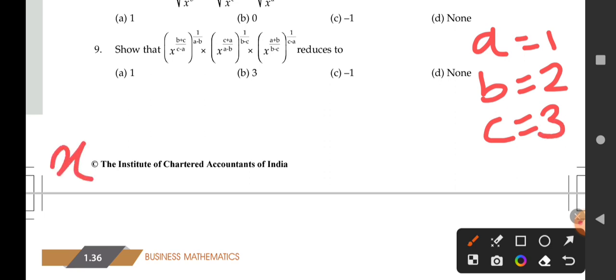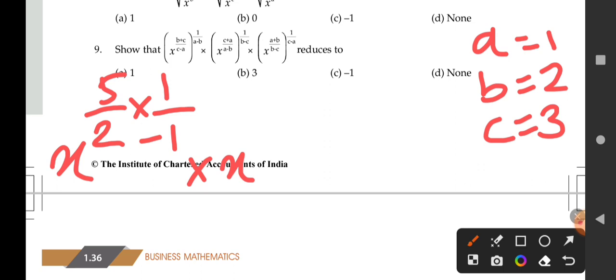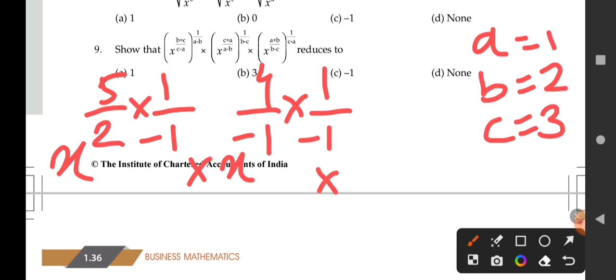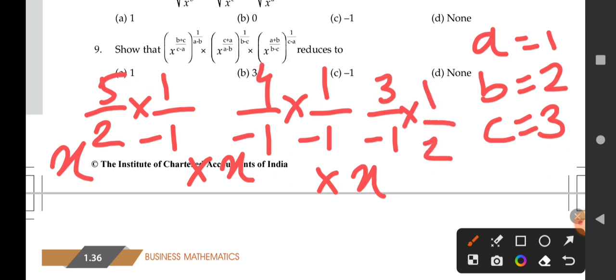X power B plus C. So, 2 plus 3, 5 divided by 3 minus 1 is 2, into 1 divided by 1 minus 2 is minus 1, into x power 3 plus 1, 4 divided by 1 minus 2 is minus 1, into 1 divided by 2 minus 3 is minus 1, into x power 1 plus 2 is 3 divided by 2 minus 3 is minus 1, into 1 divided by 3 minus 1 is 2.